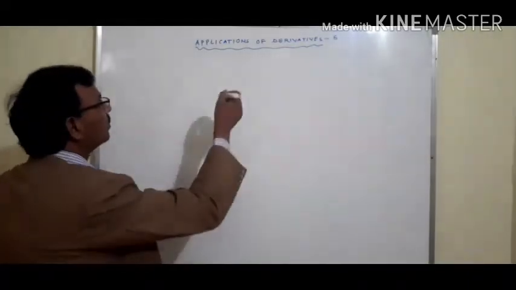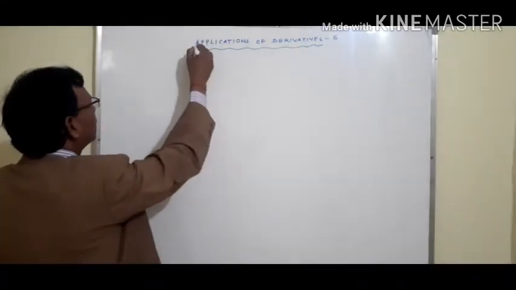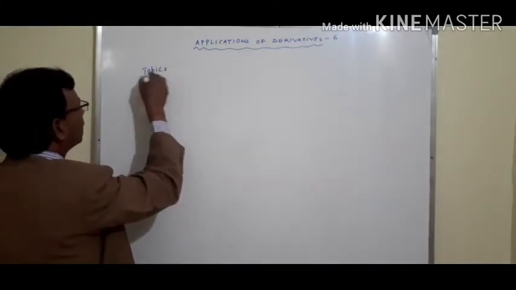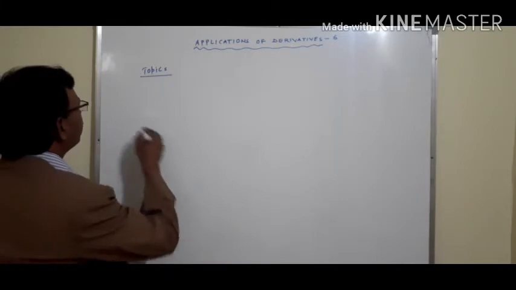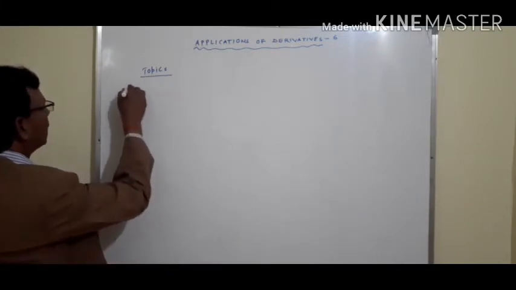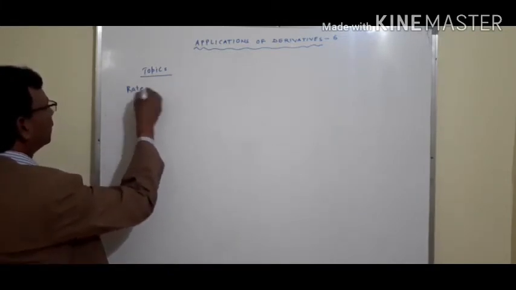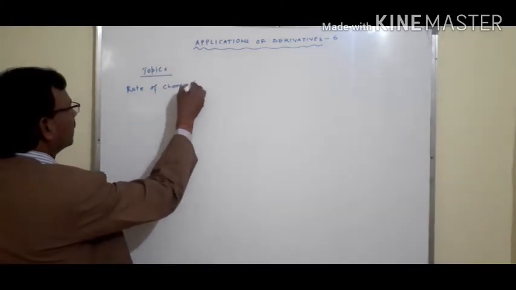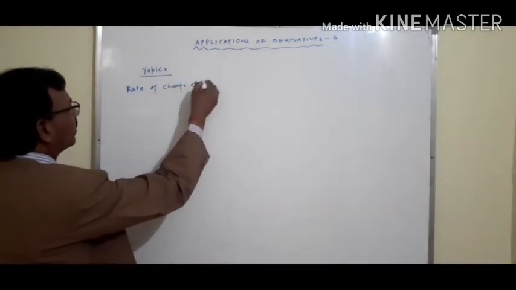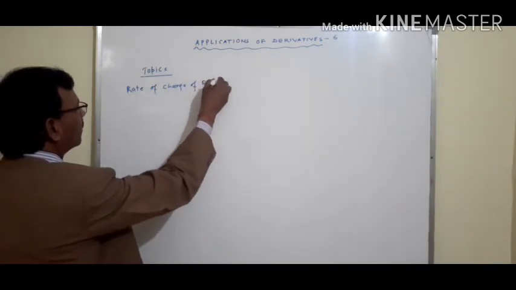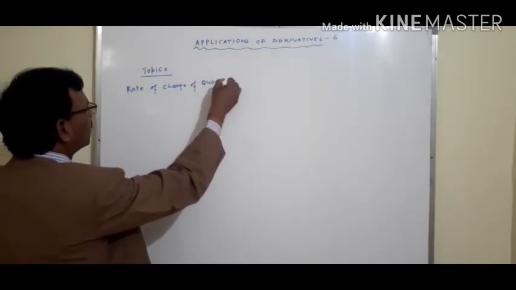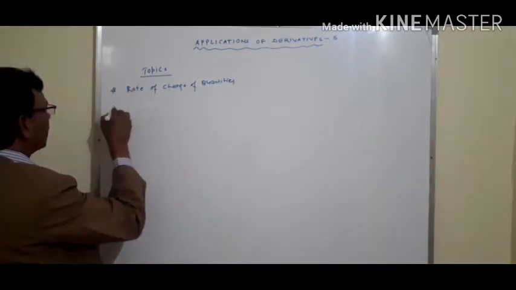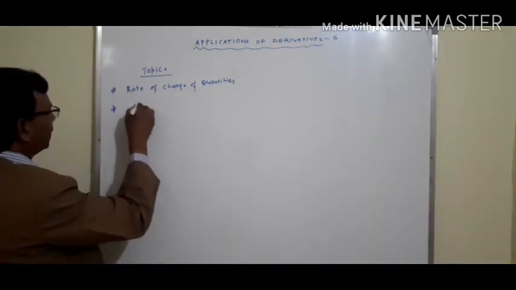Now the topics related to this chapter are: first is rate of change of quantity. This is the first topic. Second topic is approximation.